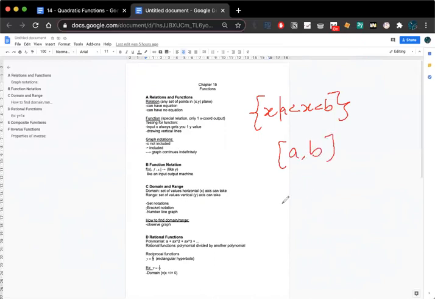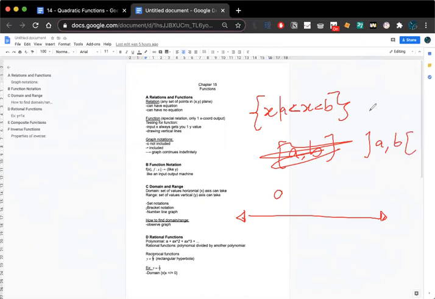For the number line graph, it would be something like this. Actually, if there's no equal sign, it would have looked like this. This version is if it's this. So for the number line graph, it would look something like A, B, values.